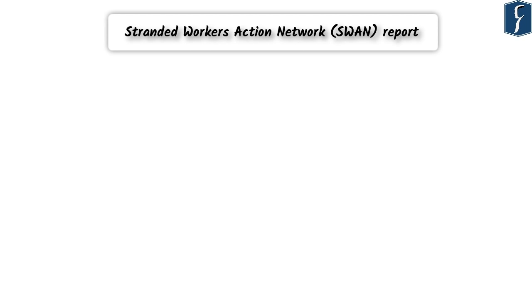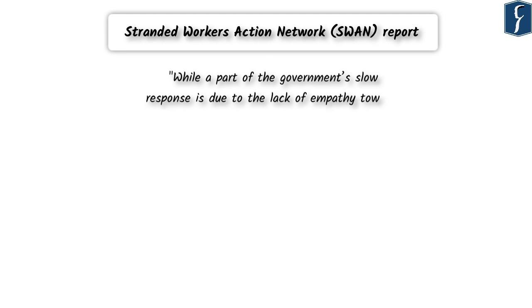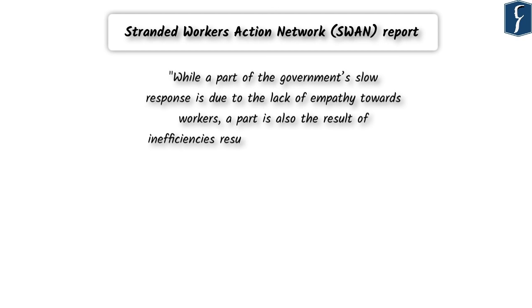The entire issue can be summarized from the findings of the Stranded Workers Action Network report. It says, while a part of the government's slow response is due to the lack of empathy towards workers, a part is also the result of inefficiencies resulting from unilateral decision making. So it's both insensitiveness and centralization.